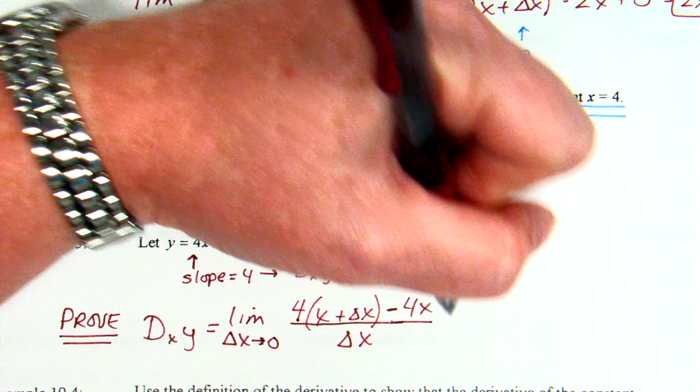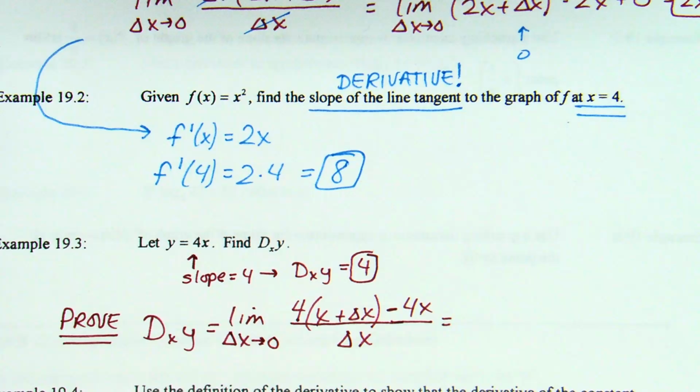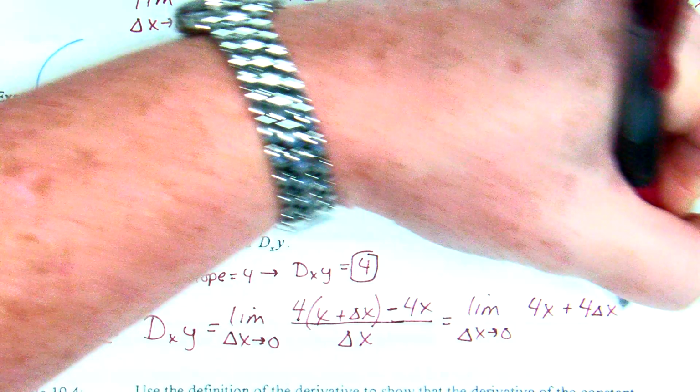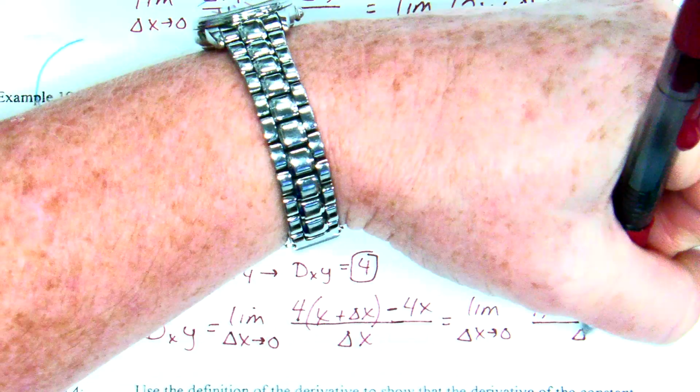Okay. I know Jack already distributed. For the rest of us, shall we distribute? My point is, I get it if you went ahead and did that. So we distribute: 4x plus 4 delta x minus 4x all over delta x. What happens?